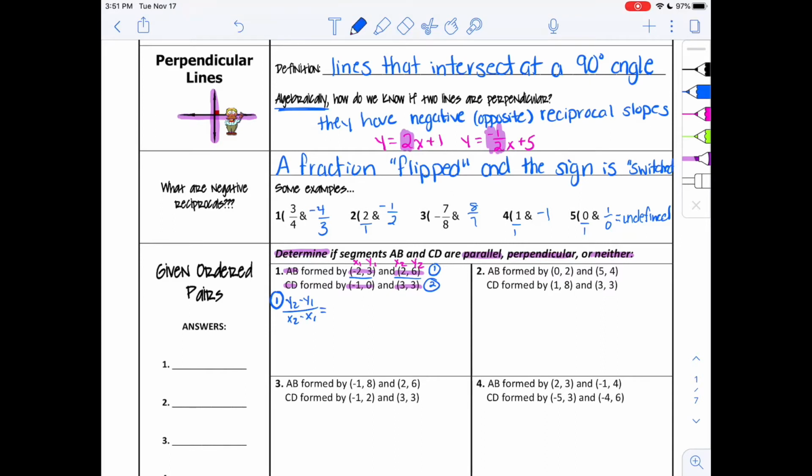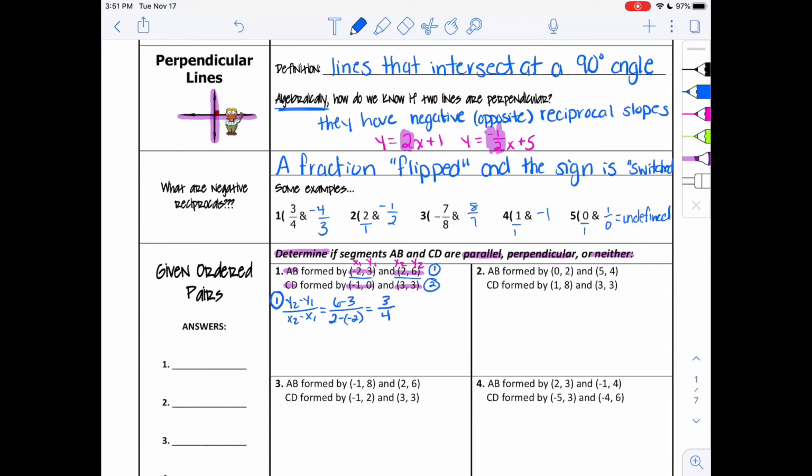So when I substitute these in, I get 6 minus 3 over 2 minus negative 2. 6 minus 3 is 3. 2 minus negative 2 is 4. So the slope of my first line is 3/4.